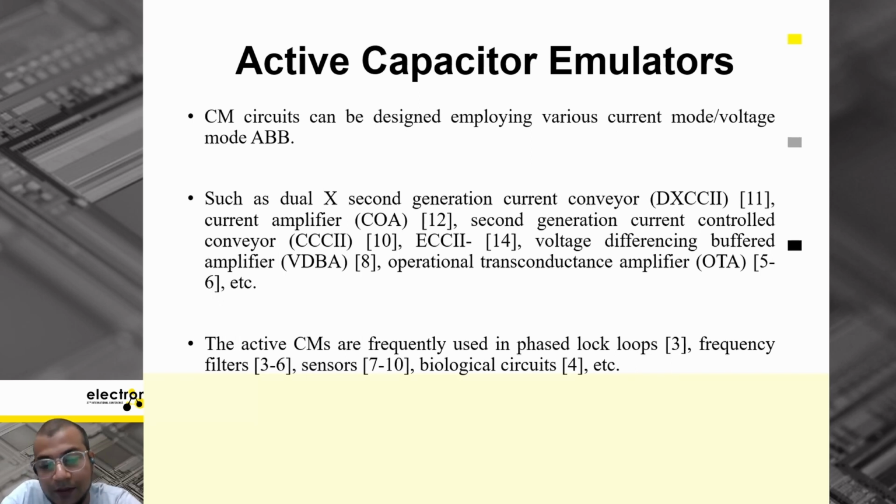One of the important applications is capacitor multiplier synthesis. Capacitors are used in almost every field: in phase lock loops, in frequency filters, in biomedical signal processing, in sensor data acquisition systems. Everywhere capacitors are required.